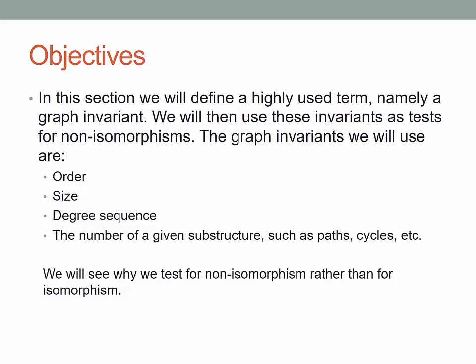So how can you prove or verify that two graphs are not isomorphic? We're going to use what we will call graph invariants. And these graph invariants that we're going to define are order, size, degree sequence, and identifying a given substructure.